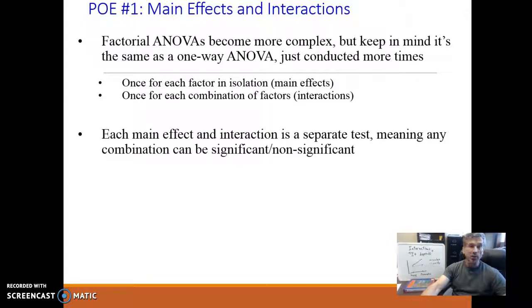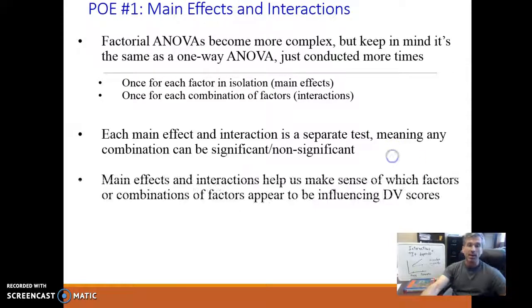They could all be non-significant at the same time. Or there could be one or two of them significant and the rest not. All of those are possible. They all are independent tests. Main effects and interactions give us nuance when we have these complex research situations with multiple factors. We can figure out what's really happening in terms of those factors altering DV scores.